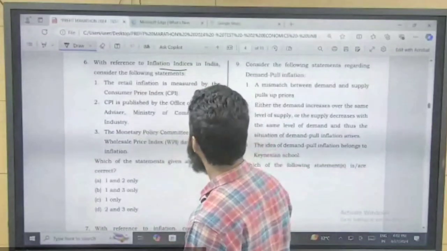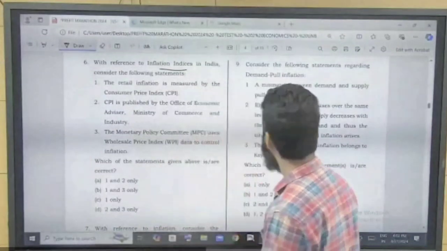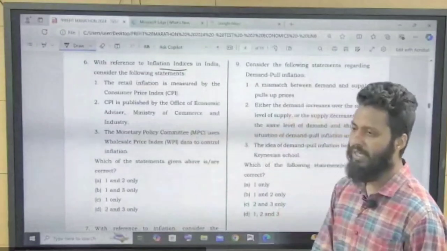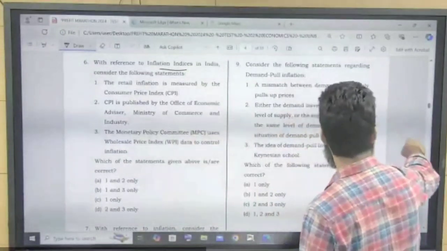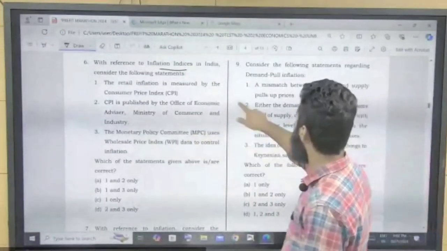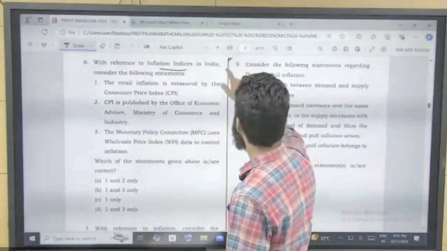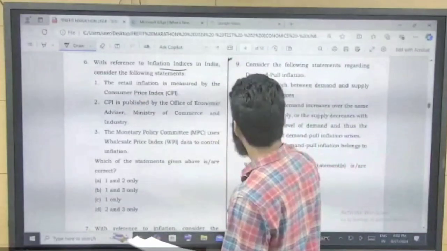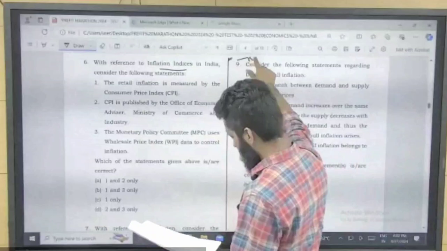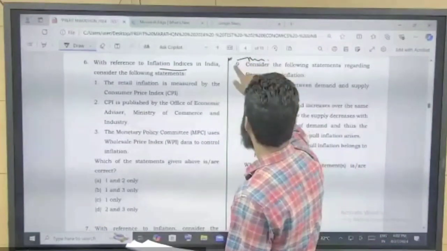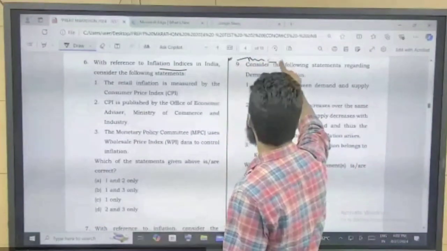WPI basically has three types of commodities: food products, power and fuel, and manufactured goods.